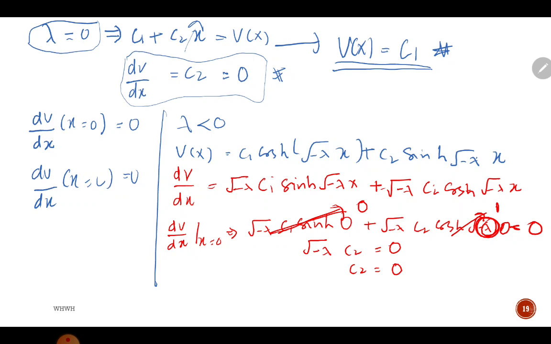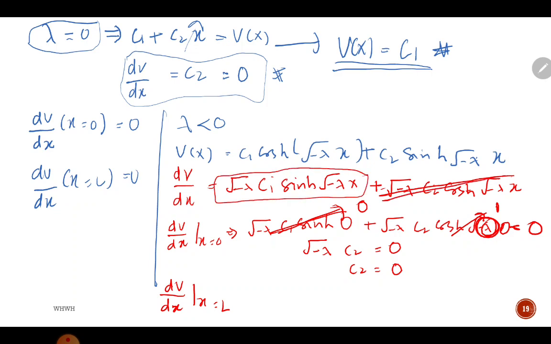Okay, so bila C2 equals to 0, maksudnya for dv over dx at x equals to L, kita tak consider the second term ni, kita hanya consider the first term. Sebab C2 kita dah tahu is equals to 0.